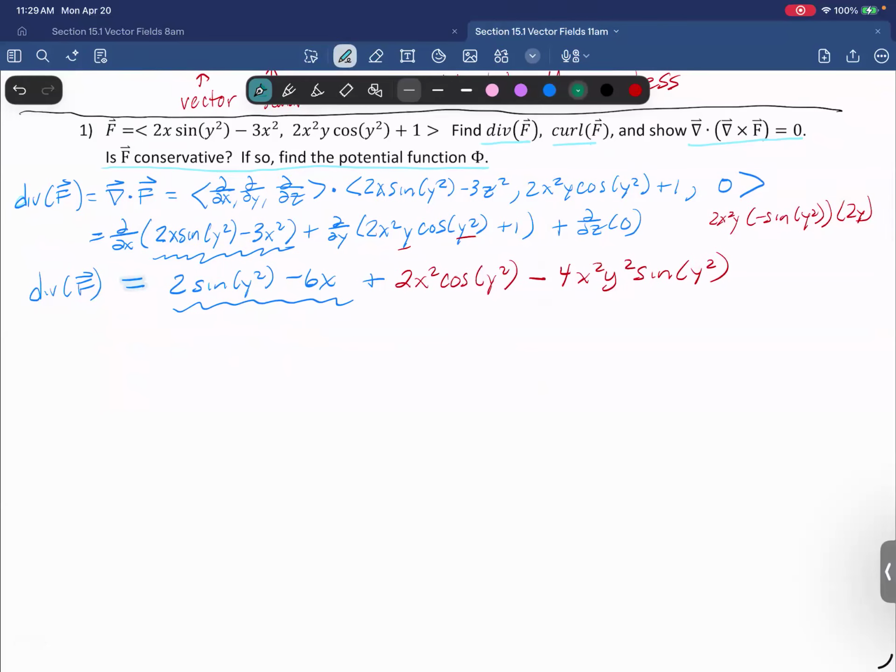Let's take a look at curl. I strongly recommend you write the longest things first. That way your matrix doesn't look bad. And if you don't do the matrix and you mess it up, that's another full loss.